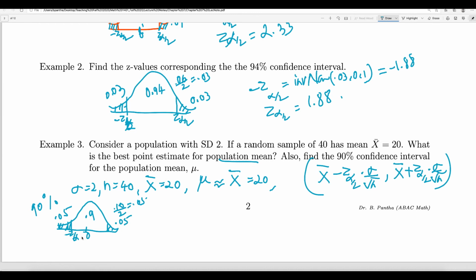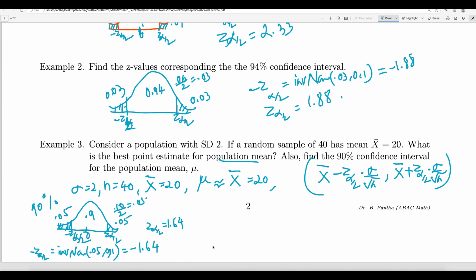Negative z alpha half equals inverse norm of the area left of that, 0.05, and then 0, 1. You get negative 1.64. So negative z alpha half is negative 1.64, positive z alpha half will be positive 1.64.